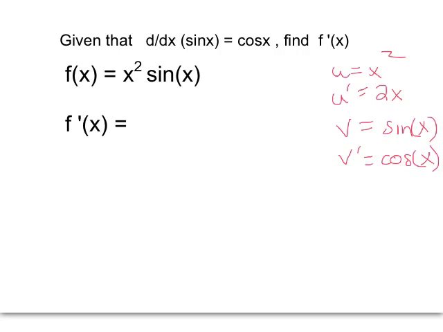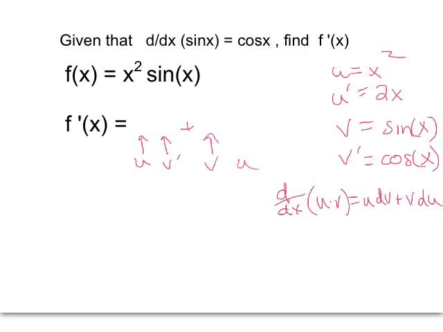All right, so let's find the derivative. Remember, the derivative d dx of u times v is u dv plus v du. So we're going to put u here, we've got to put v prime here, plus we're going to put v here, and then u prime here. And this just takes a little practice.